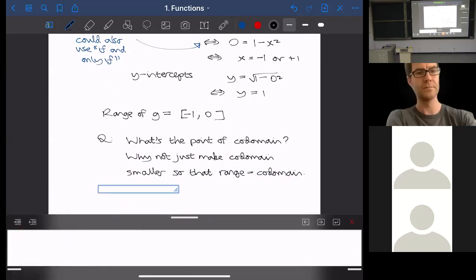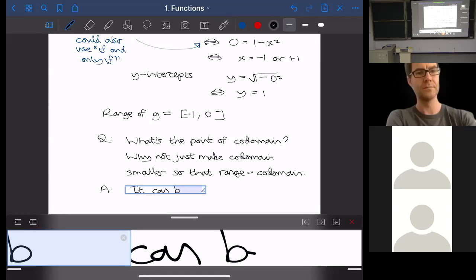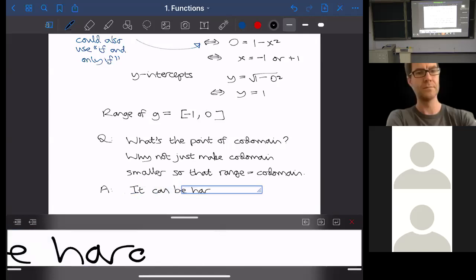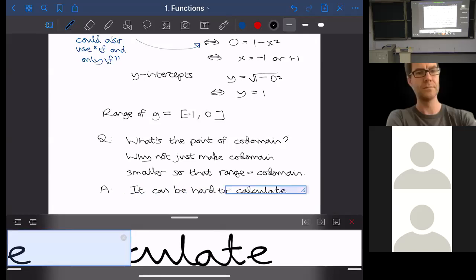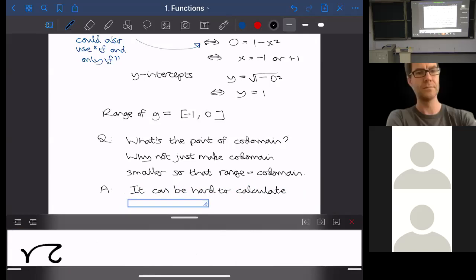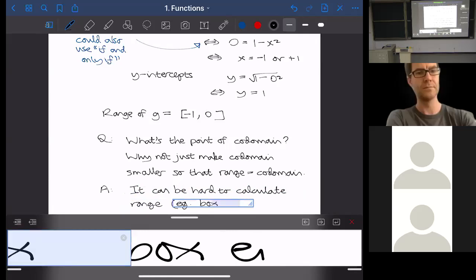So the answer is, it can be hard to calculate the range. For example, the box example above.